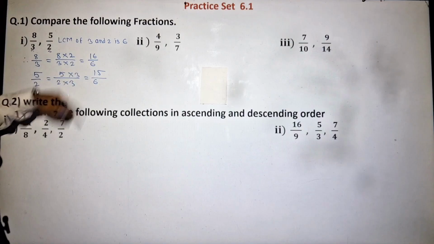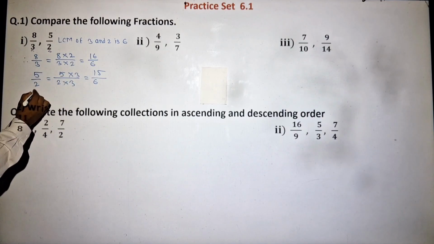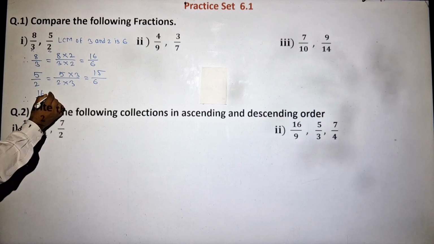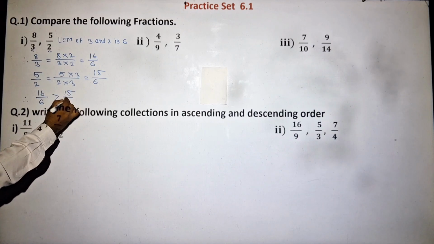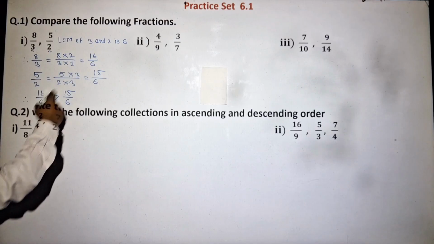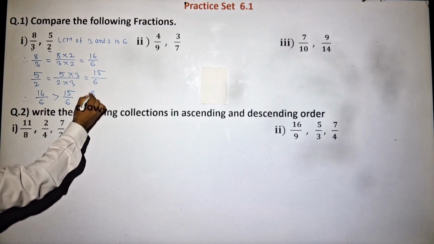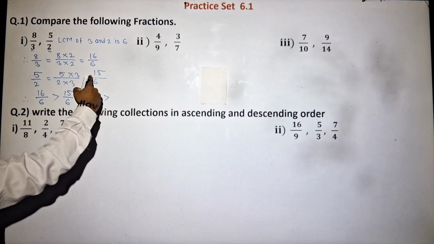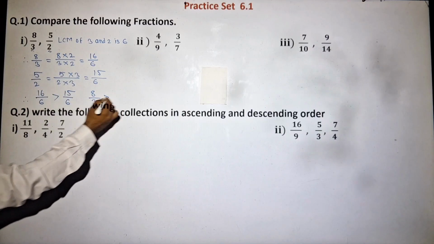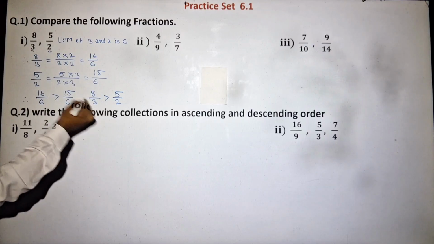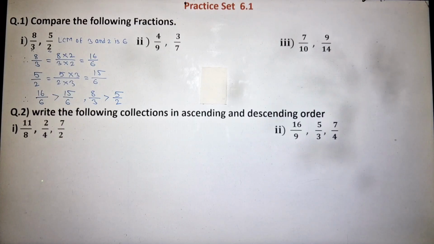The number 16 is greater. Therefore, 16 by 6, which is equivalent to 8 by 3, is greater than 15 by 6, which is equivalent to 5 by 2. We say that 8 by 3 is greater than 5 by 2.